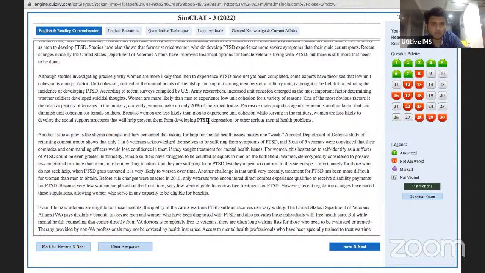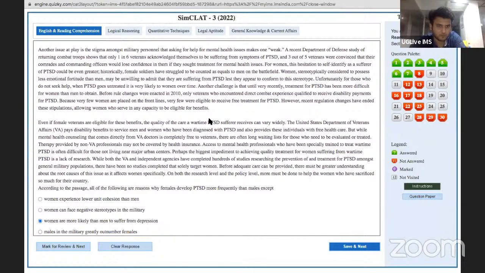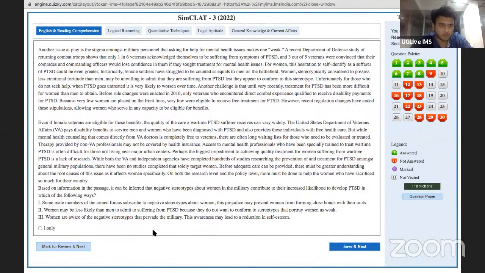So it is not one of the factors. It is one of the other factors apart from PTSD. Okay. So first, you will correct option.